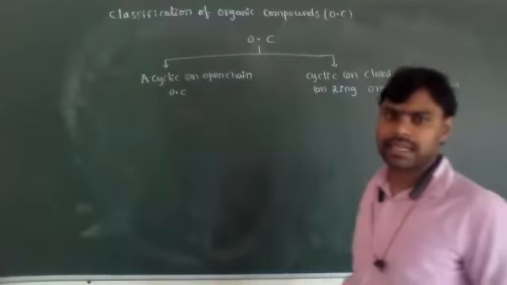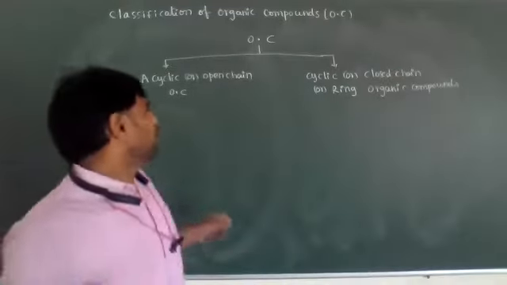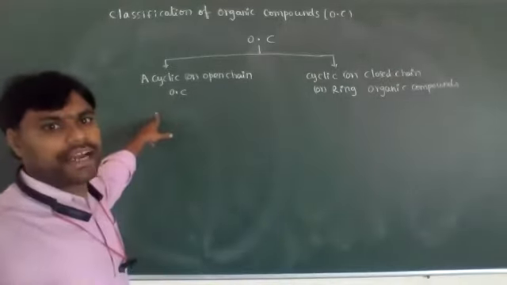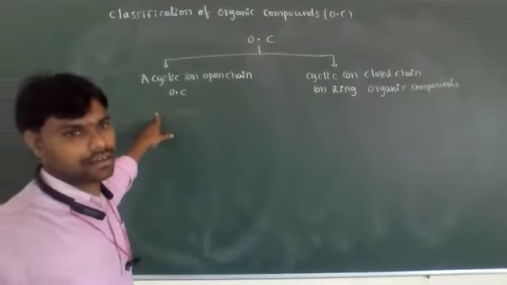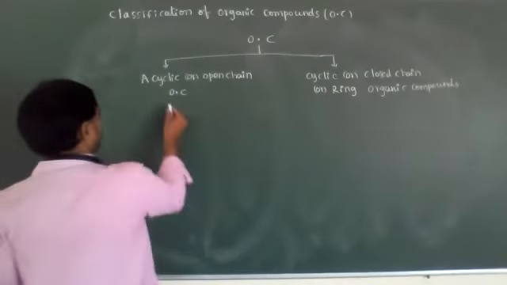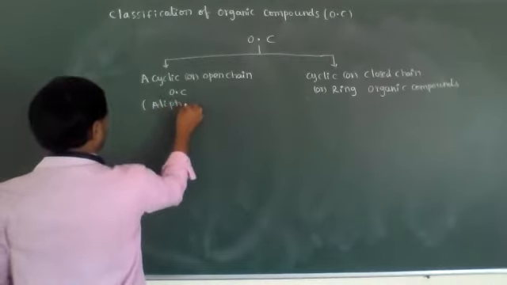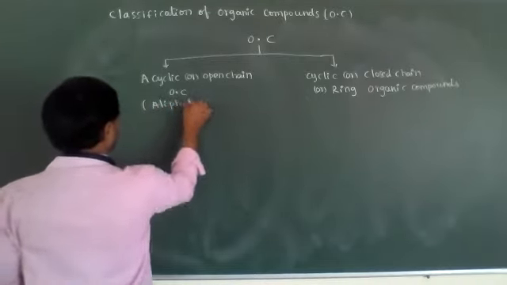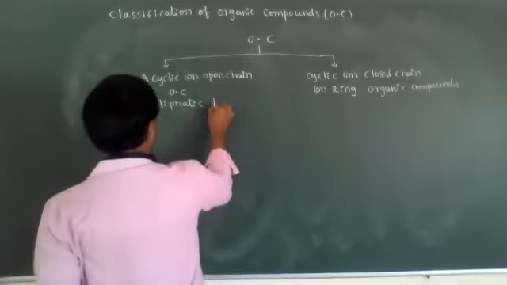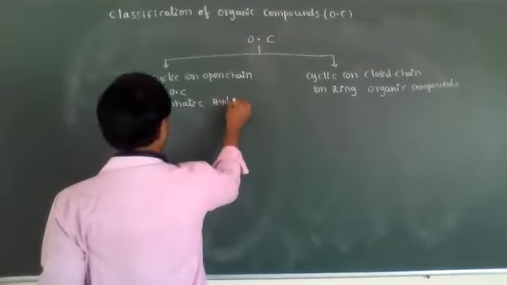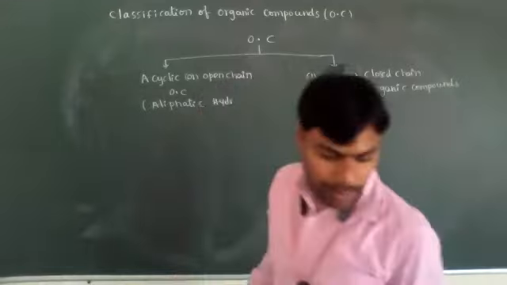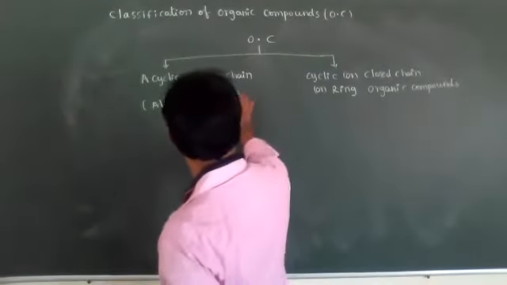Okay, dear students, acyclic is also known as aliphatic open chain hydrocarbons.